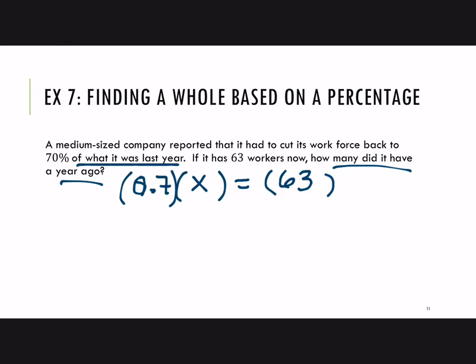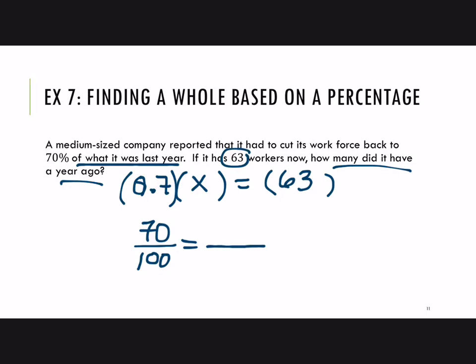Now if you write a proportion, we have 70 over 100, and then what we need to decide is, we have this other number 63, is that the part or is that the whole? Well, 70 is a portion of 100, or the smaller amount.